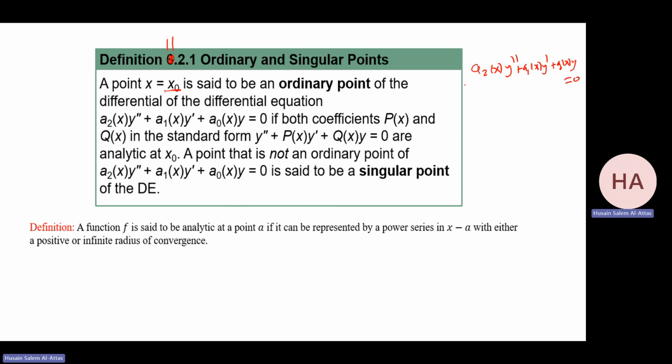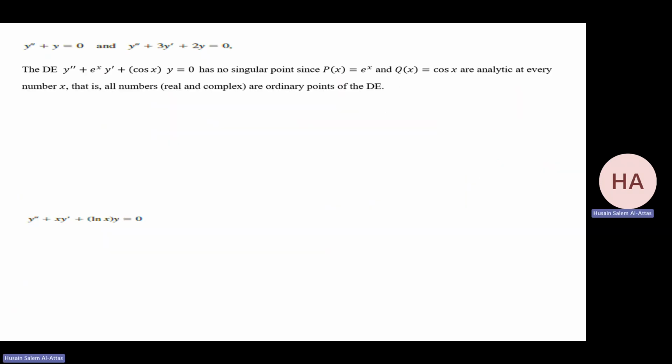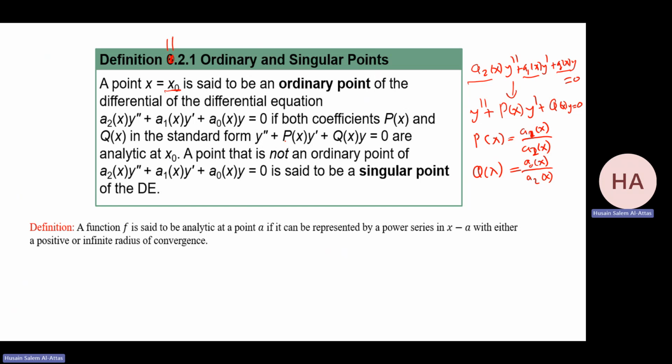So we write it in standard form. I divide by A2, and I get what's called P and Q. P is A1 over A2 of X, and Q is A0 over A2 of X. So we look at these coefficients, P of X and Q of X. If they are analytic at X0, what's the meaning of analytic?